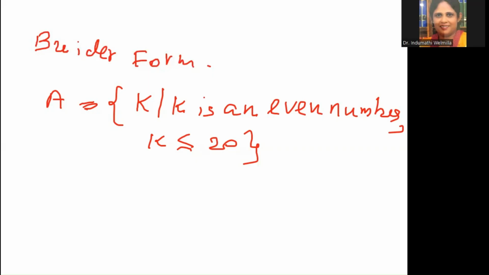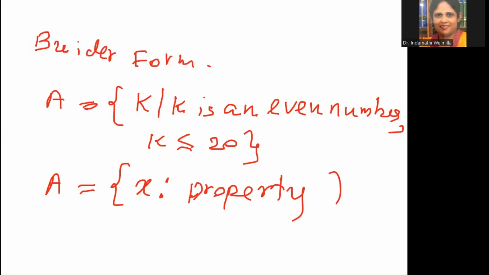Another example: we can write generally set A equals X, where X has some property, then close the bracket.